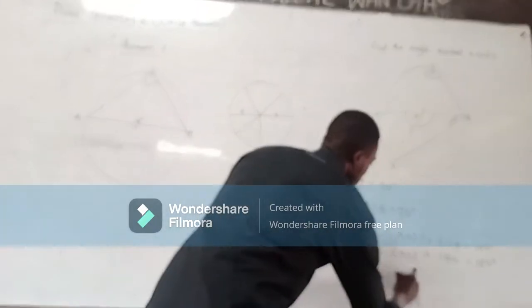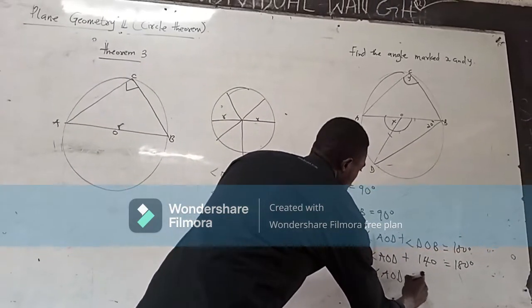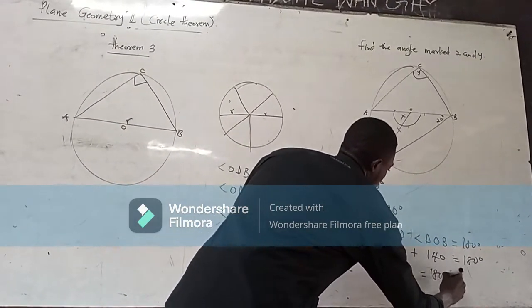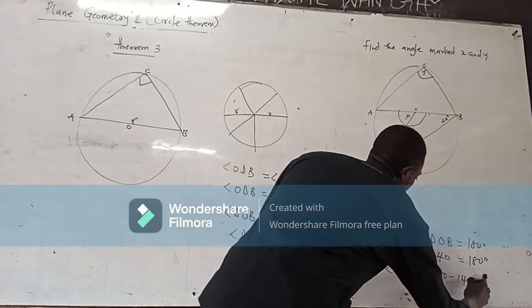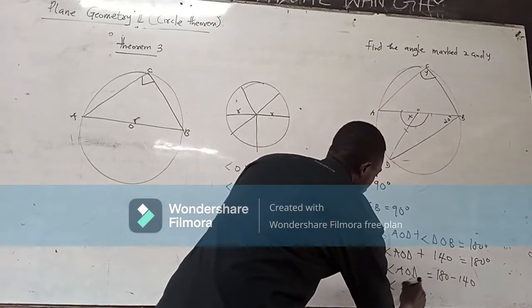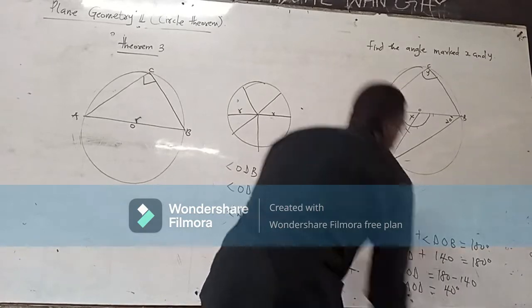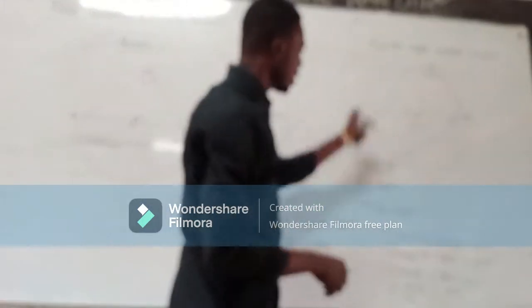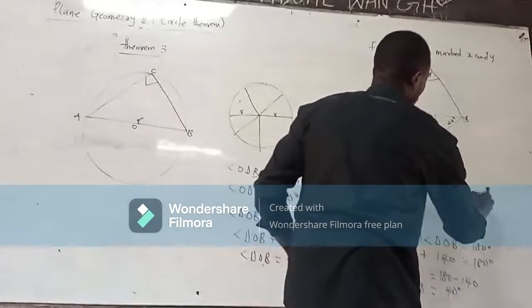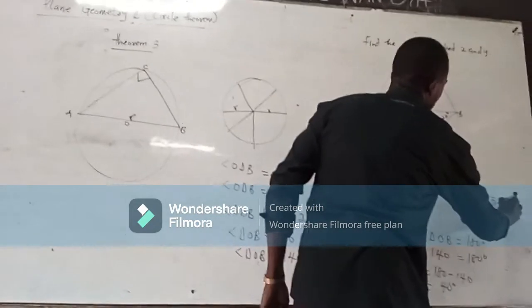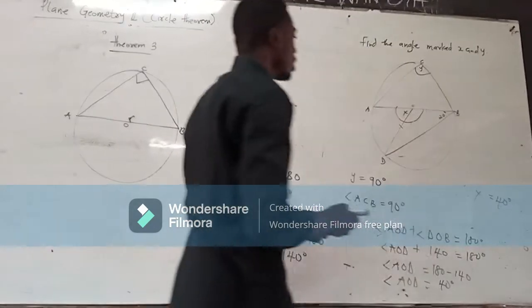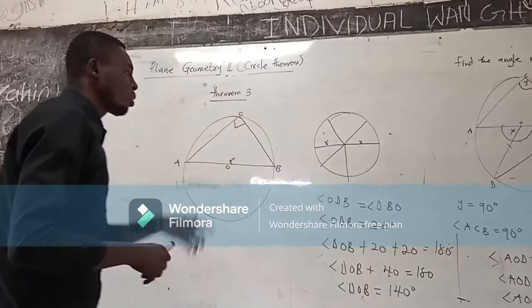Then you group like terms. You subtract this one from this, and the angle is going to be what? 40 degrees. So you make a statement that therefore x is equal to 40 degrees.